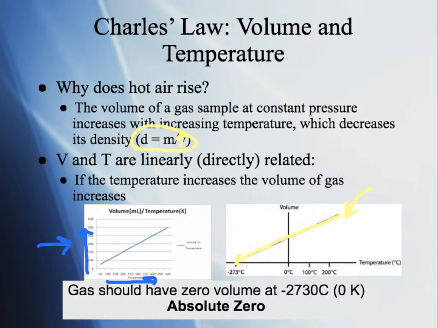Gases should have 0 volume at negative 273, and that should say not 2,730, but negative 273 degrees Celsius. Okay, and so that is the temperature at which gases are going to have 0 volume. And that's what we call absolute zero, or 0 Kelvin.